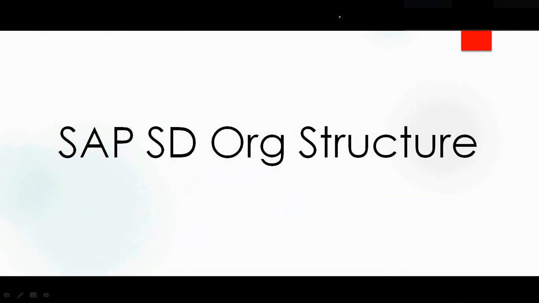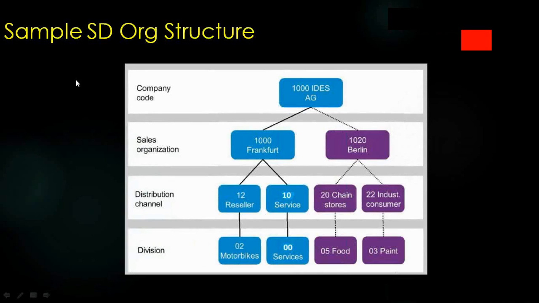Now we'll discuss SAP SD org structure in detail. So this is a sample SD org structure, and we'll discuss it one by one theoretically in detail. As I said, on the top we have a company code. For example, we have a company called RDES, and the number can be 1000.